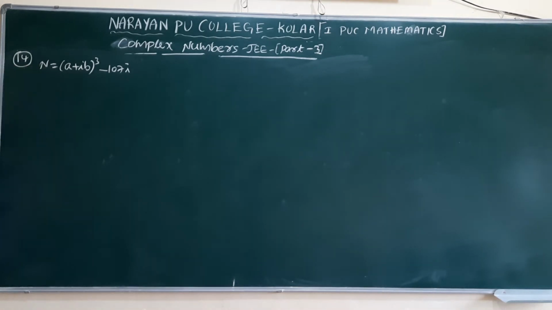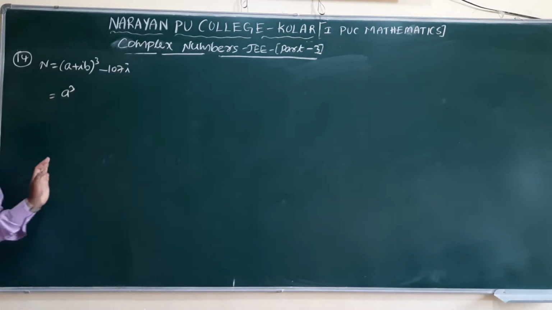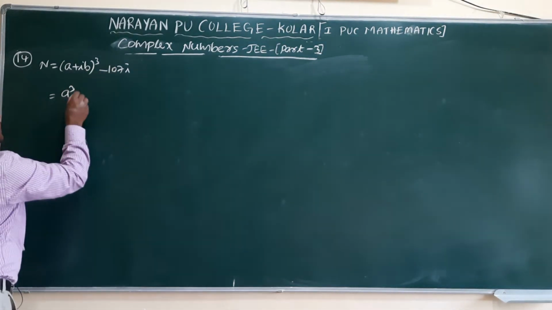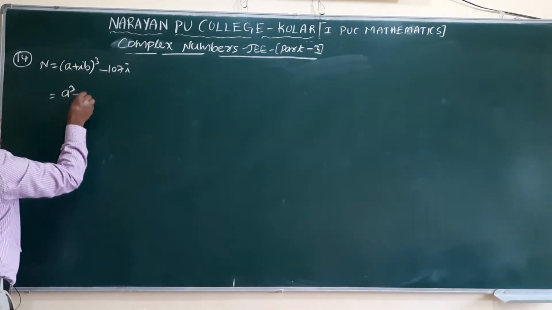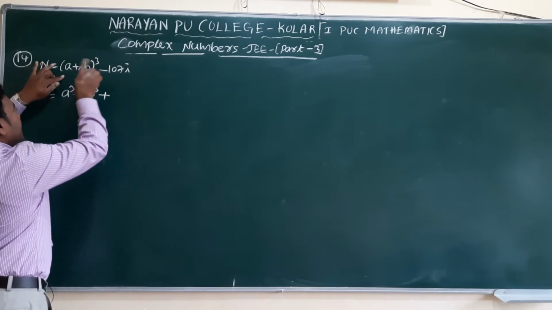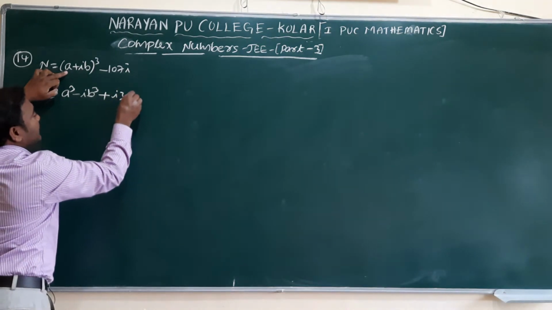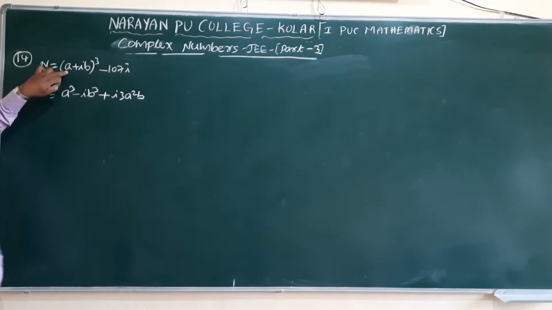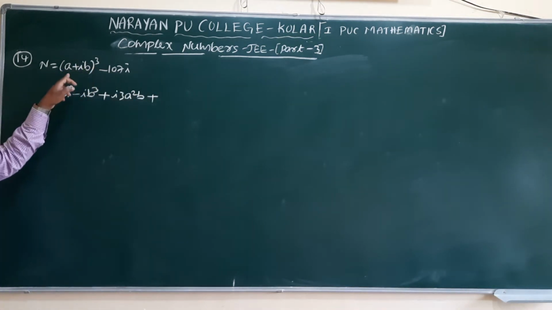We have to apply the formula for a plus b whole cube. Here a cube plus i cube into b cube, the i cube value is minus i, so minus ib cube, plus 3a square b, 3 into a square into ib, that is 3a square b i, plus 3ab square, 3 into a into b square, ib whole square, i square value minus 1.